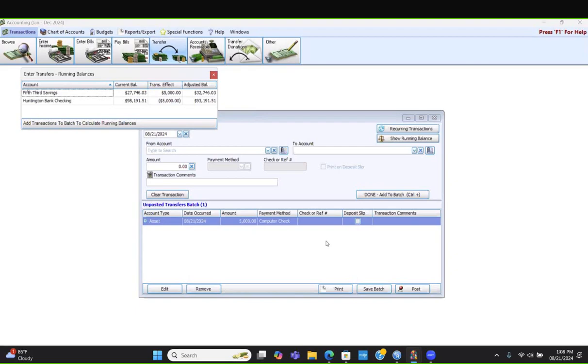If I need to post or move money between accounts of different types, say income to an expense, or expense to income, liability to income, something like that, then perhaps I would have to use a journal entry transaction to do that. But if I'm doing transactions between accounts of the same type, then the transfer will work.